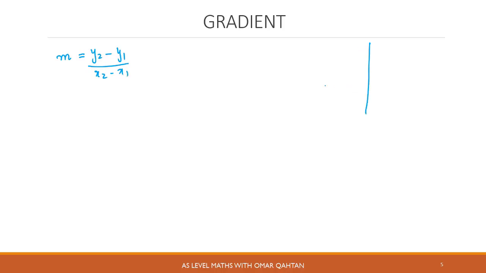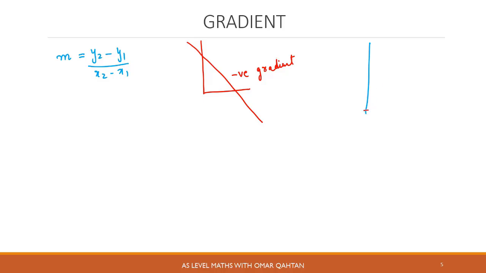Normally gradients are of two types: one could be positive and the other negative. So how would you know if your line has a positive or negative gradient? If you have a line going downward like this, then it will have a negative gradient. This is called the negative gradient.